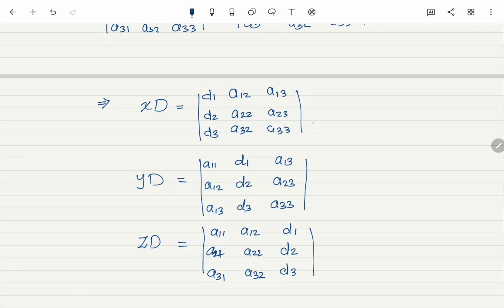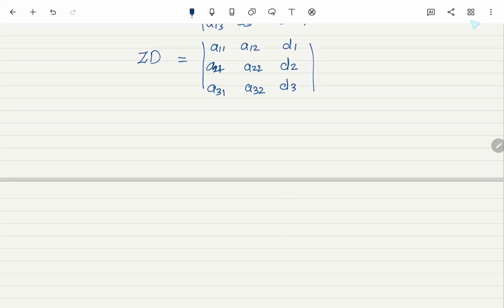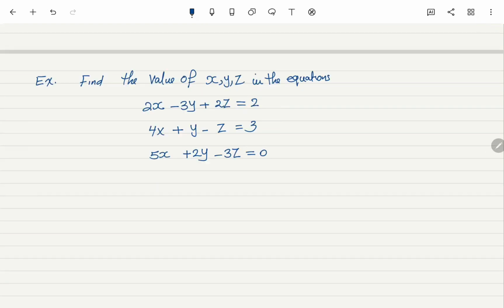Let's have this example. We have here a set of three non-homogeneous equations. We would like to find x, y, and z.